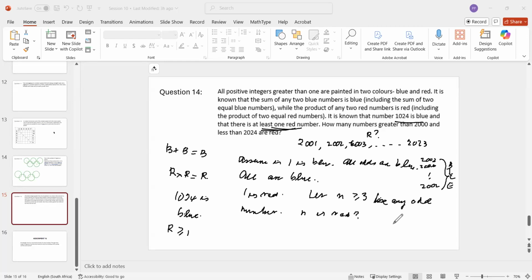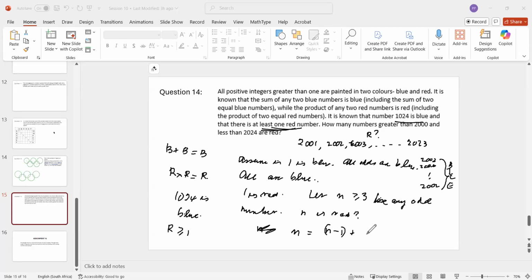We want to prove that all odd numbers are red, right? Now, here, I'm not going to prove it by contradiction. I'm going to prove it like this. That means n is an odd number, n minus 1 plus 1.